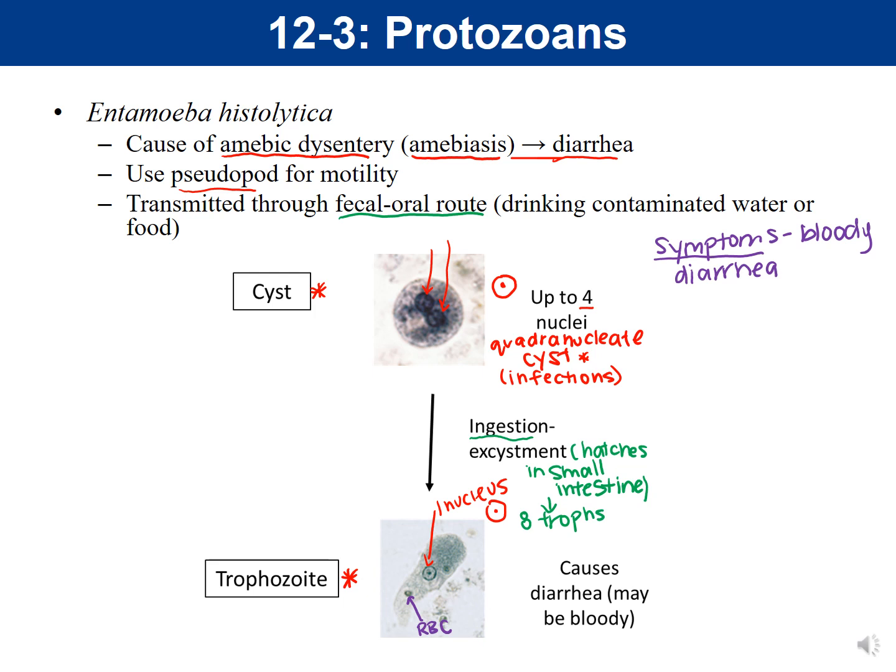And so what happens is when the troph is in the intestines, it can actually penetrate the lining of the intestine and causes ulcerations.